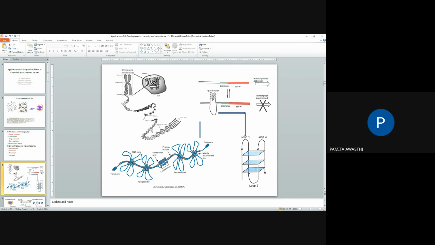So the question is, what is the role that is being played by these quadruplex forming sequences in the genome, right? This is a complete genome which is capable of forming the quadruplexes.